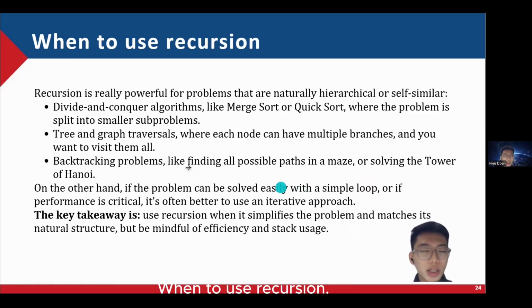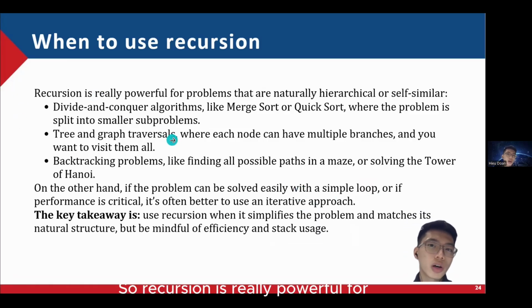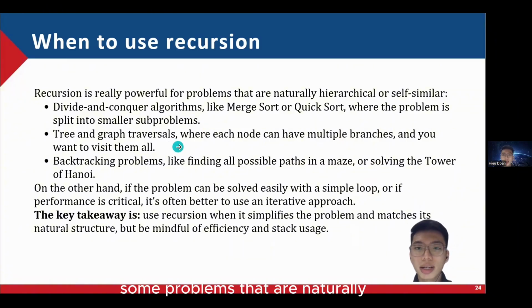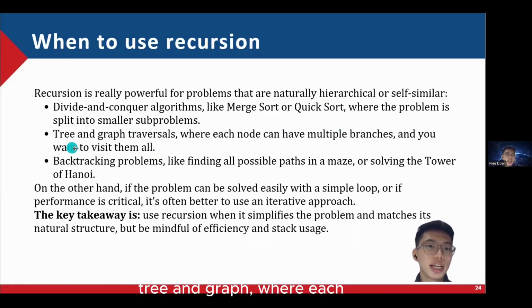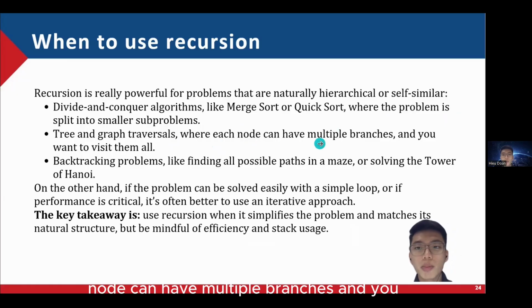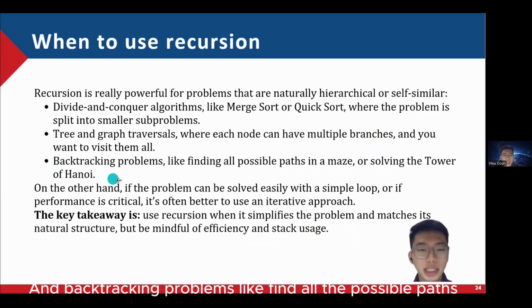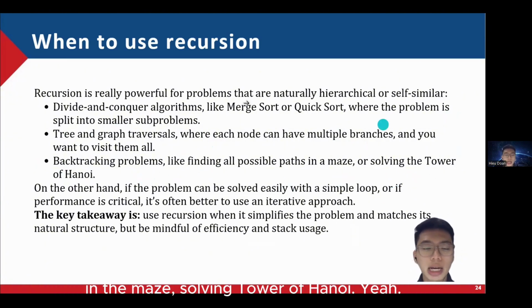Last but not least, when to use recursion. Recursion is really powerful for problems that are naturally hierarchical or self-similar. For example, divide and conquer algorithms like merge sort and quick sort, where the problem splits into smaller subproblems; tree and graph traversals, where each node can have multiple branches and you want to visit them all; and backtracking problems like finding all the possible paths in a maze, or solving Tower of Hanoi.